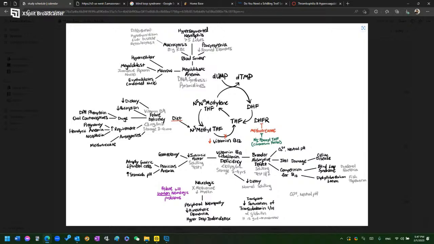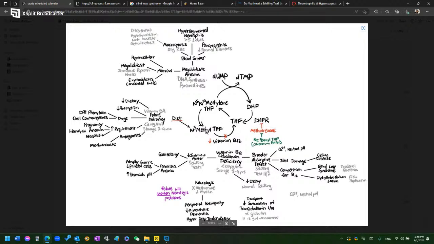The thing with that is that if you think it's folate by accident, instead of identifying it correctly as B12, and you give them folate, then you're going to have a bigger buildup right here of N5-methyl-THF, which is going to make your nerve problems really bad.